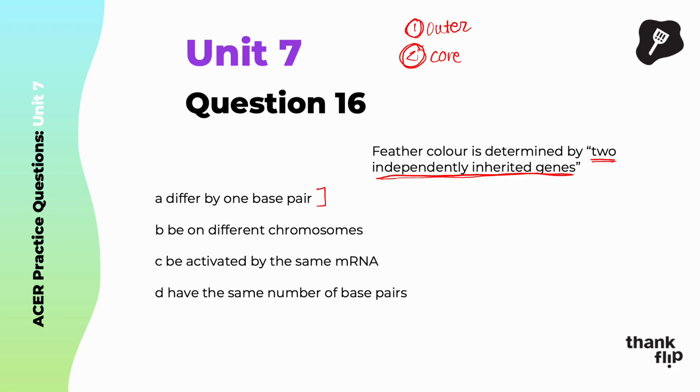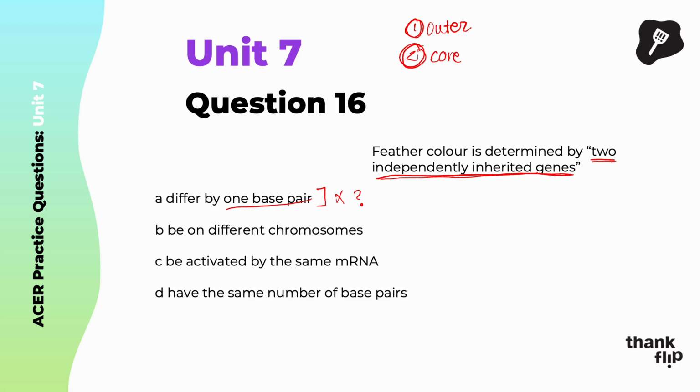So if you have previous knowledge about genetics, you can infer that it wouldn't differ by just one base pair. Two different genes typically differ by a lot more than that, so this would be incorrect. But if you didn't know that, I would put a question mark here because we're not given much information regarding this in the stimulus.